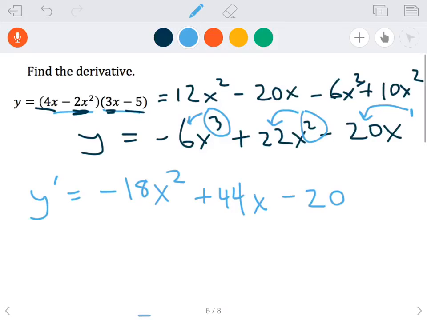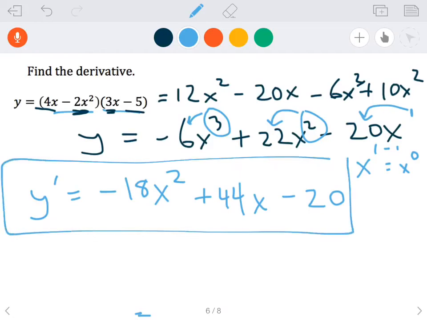If I do x to the 1 minus 1, that gives me x to the 0. Anything raised to the 0 power is just 1, so this is negative 20 times 1, which is just negative 20. That's why our x disappears whenever we just have x to the first power. And that should be my final answer.